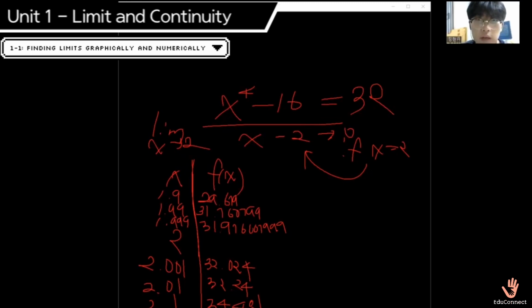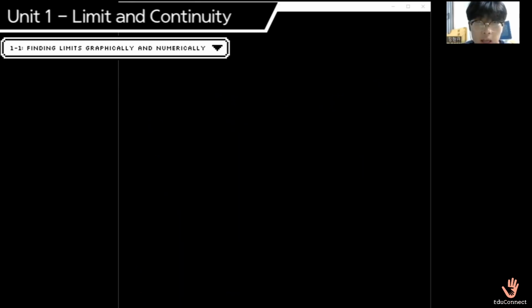Now we can verify the limit from the graph. Here's a graph of x to the fourth power minus 16 over x minus 2.